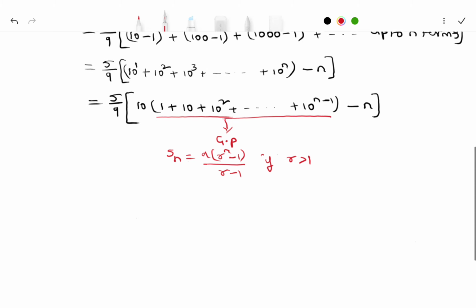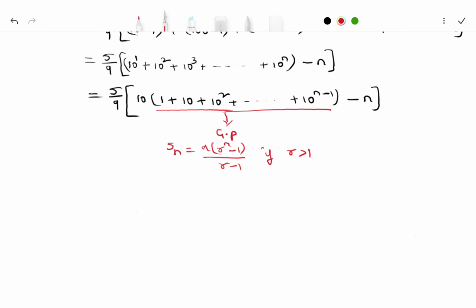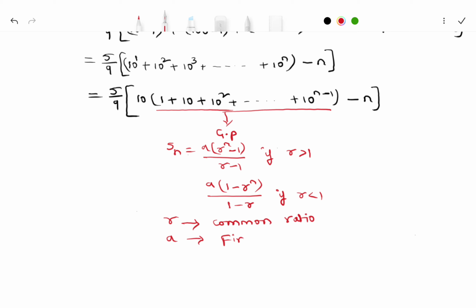Suppose r is less than 1, then we can write a into 1 minus r power n, whole divided by 1 minus r. What is meant by r? r is the common ratio. What is a? a is the first term, right?